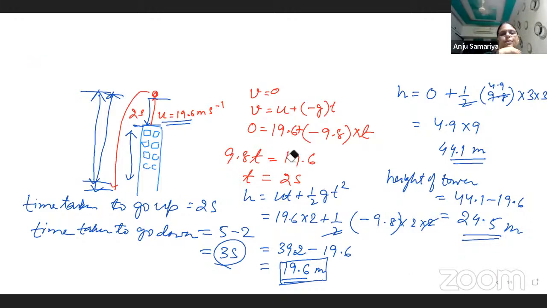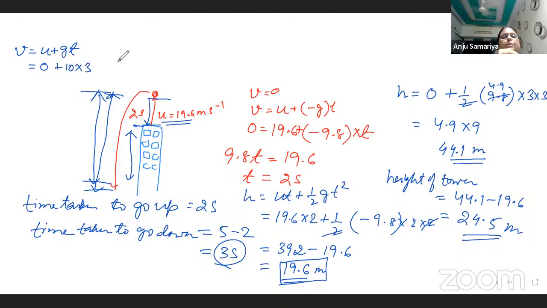So is this part clear to everyone so that I can show you the second part? The velocity of the ball while going down. So we know that v is equal to u plus gt. So u is 0, g is 9.8, not 10, into 3.